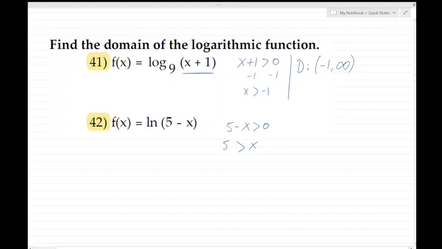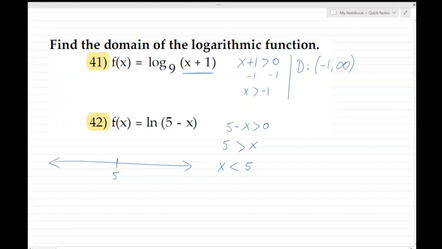If it doesn't make sense to you, flip it, reverse the order and graph it on a number line. Where can there be values that are less than 5? Because x can take any value. Where are those values true?